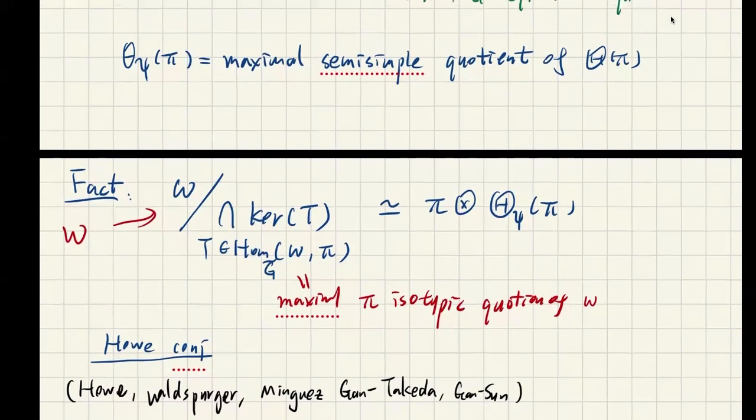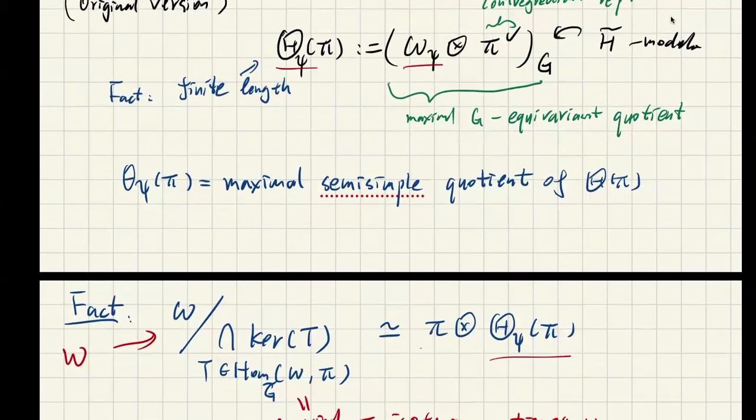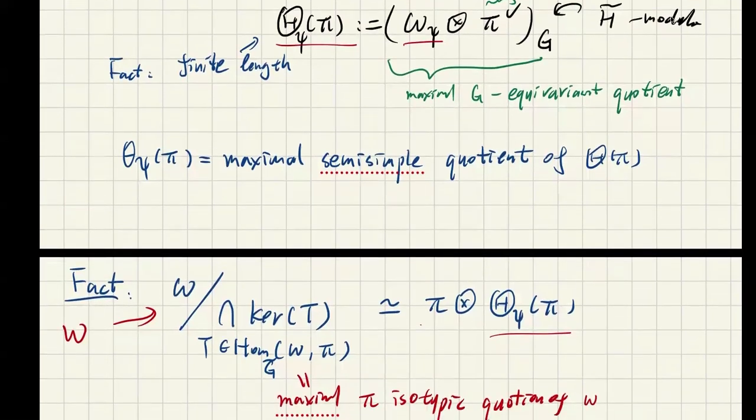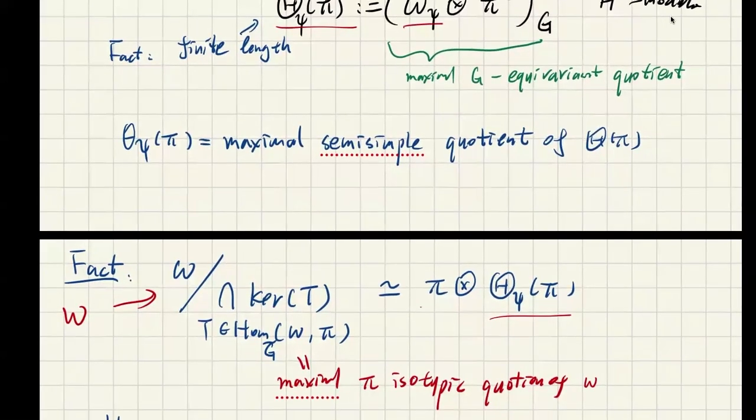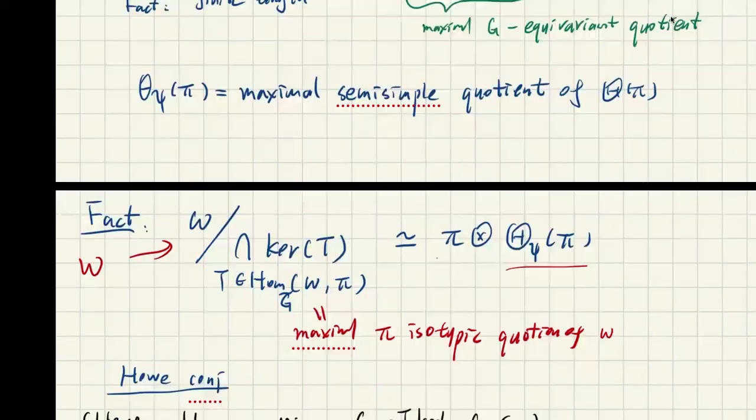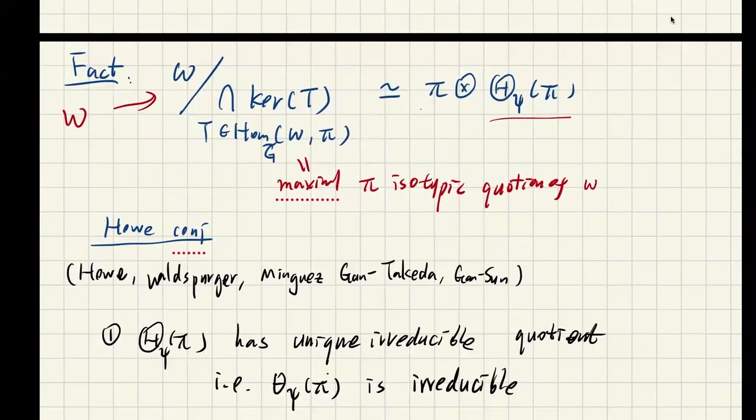You can show that this representation is isomorphic to pi tensor something, and this something is naturally isomorphic to the definition here. It's not completely trivial, but it's not very difficult. Anyway, to show this structure, you can consult the book.